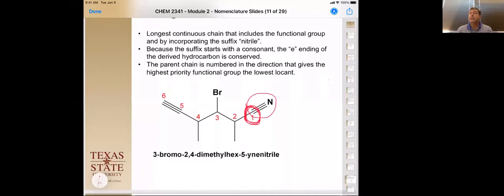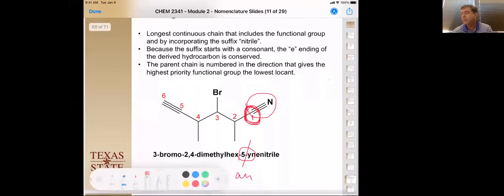And in this case, it's our highest priority. And therefore it names the compound and also starts the numbering here. Yeah, but then let's say there's no triple bond with the 5 and 6, and the rest is only single bond, but this nitrile right still, the ENE would drop out and be an ANE. Yes. Okay, yeah, I'm sorry, I misunderstood.